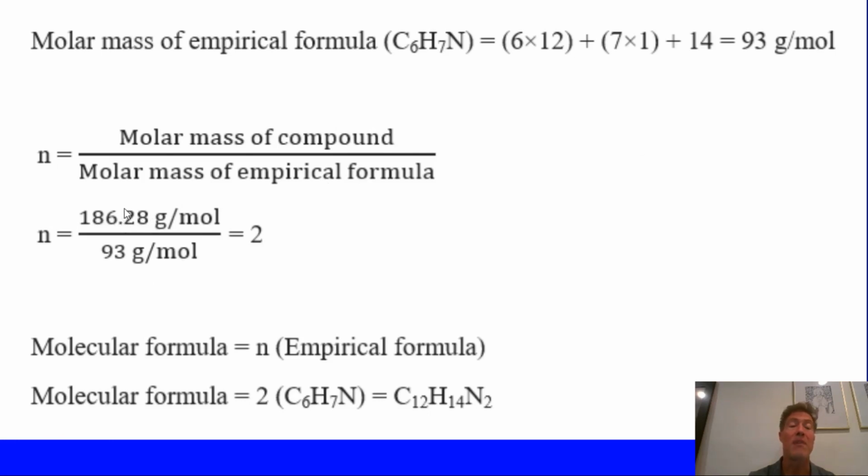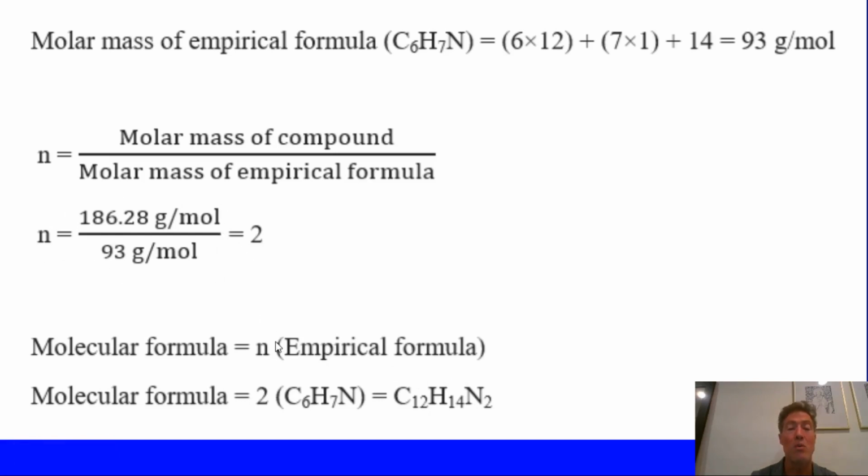So what do we do? If they're not the same, you divide the bigger one by the smaller one. You divide the molar mass by the mass of the empirical formula. And in this case, you'll see that it turns out to be 2, which means that the molecular formula is twice the empirical formula. So this number is this ratio.